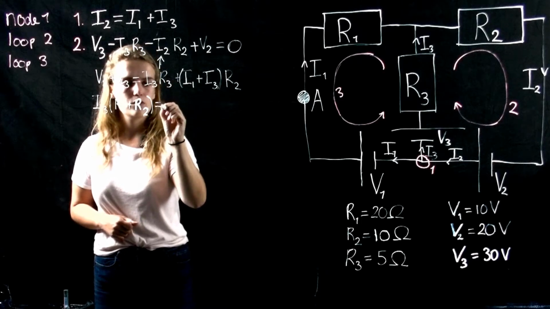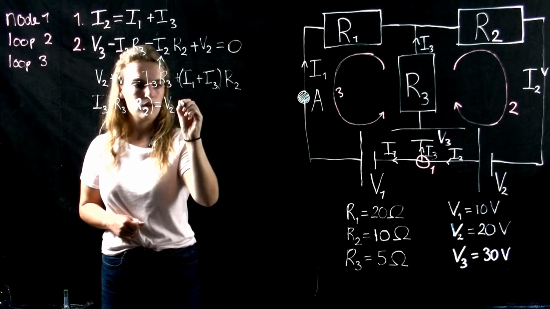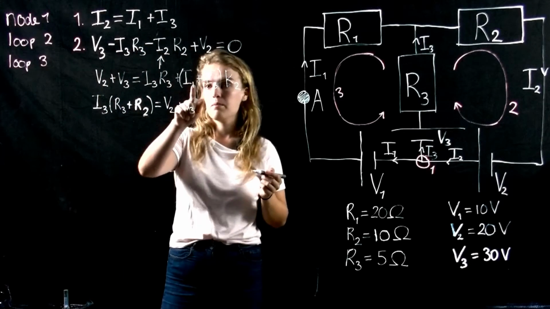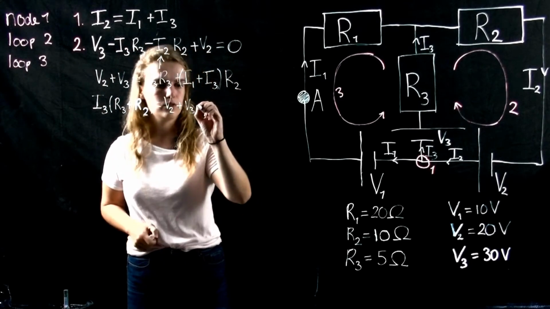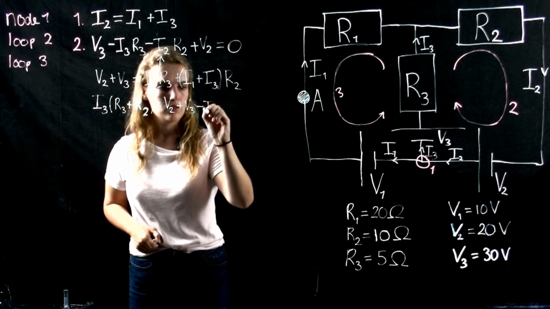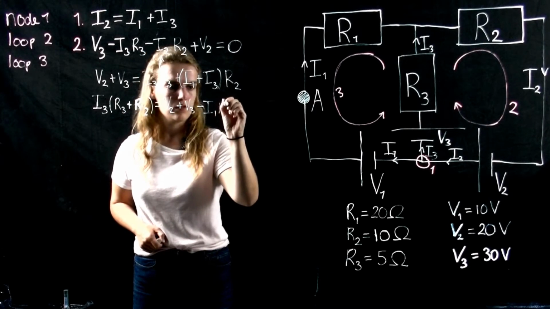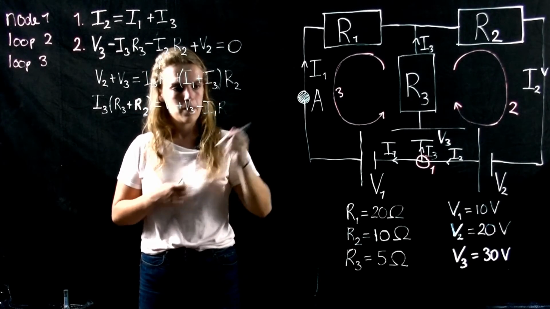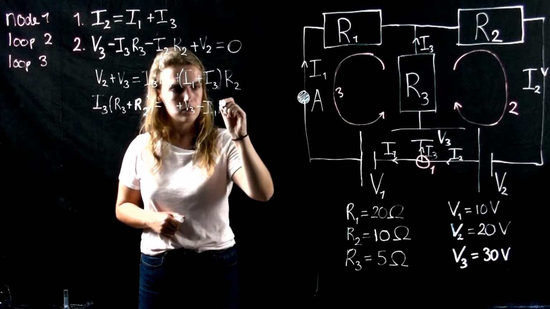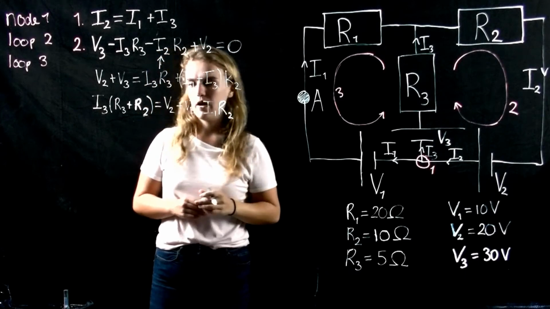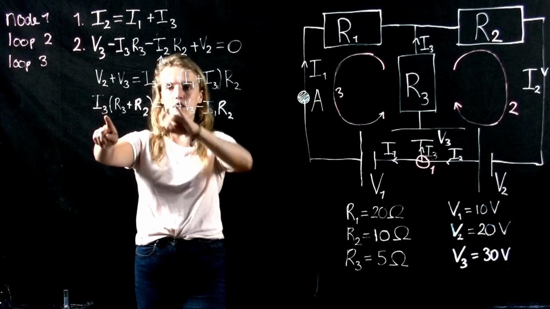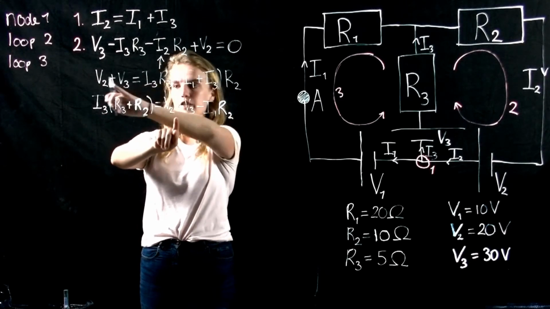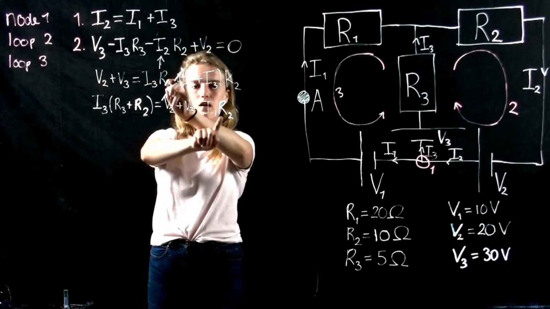So this is equal to V2 plus V3 minus I1 times R2. So let me check if I have all terms. We have I3 R3 from here, I3 R2 from here, V2, V3, and then the minus I1 times R2.